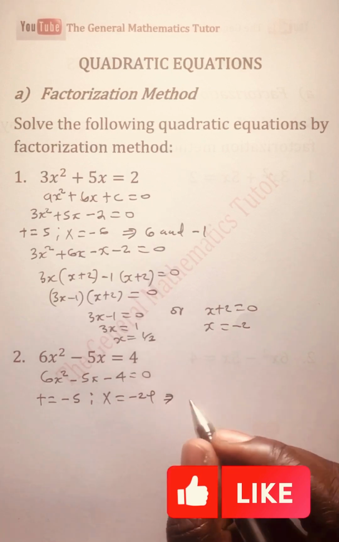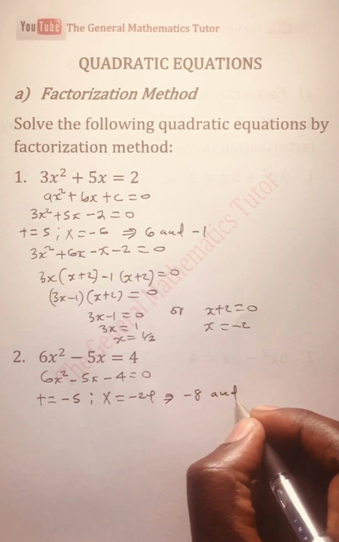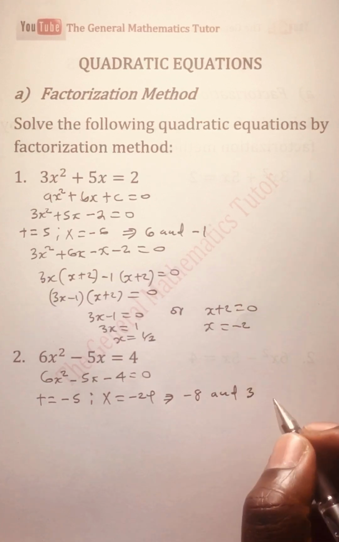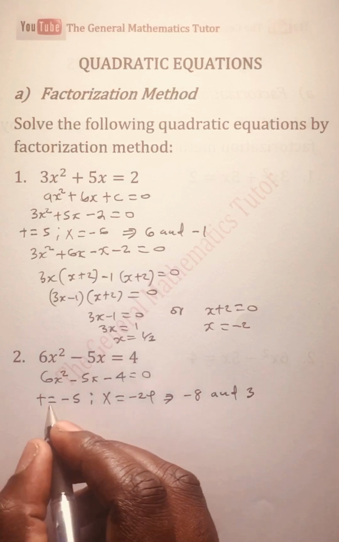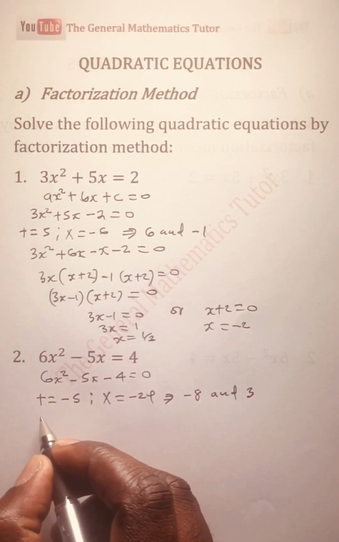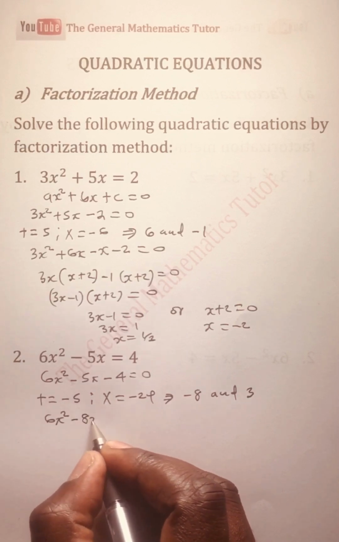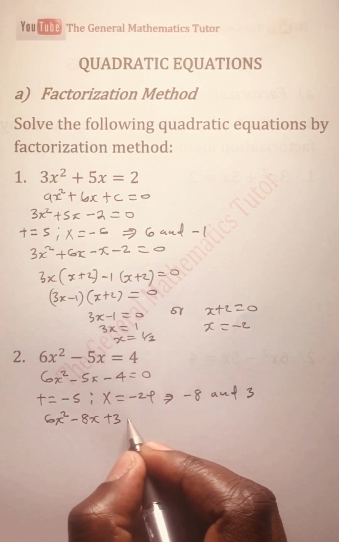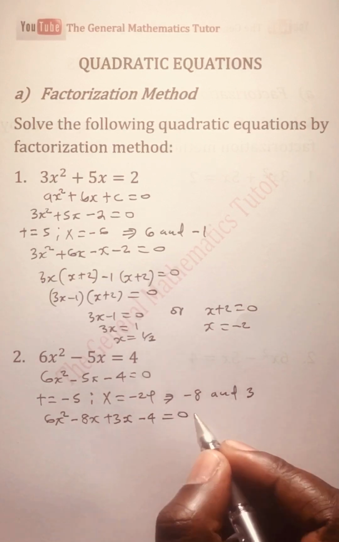You'll find that those two numbers are negative 8 and positive 3. So we split negative 5 into negative 8 and 3. We write this equation as 6x squared minus 8x plus 3x minus 4 is equal to 0.